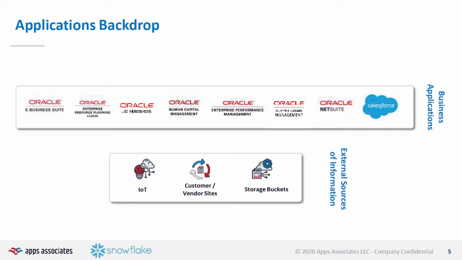In addition to these applications, customers more and more are adopting data sources from other external devices, whether it is IoT devices, sourcing information from retailers, or external sources, whether it is from manufacturing assembly lines or pharmacies or prescription-related information, depending on which industry you belong to. And then we see that there's a wide variety of information.